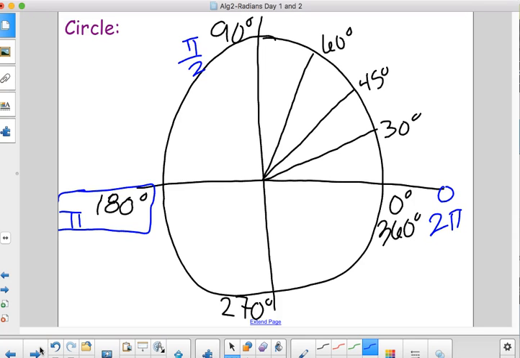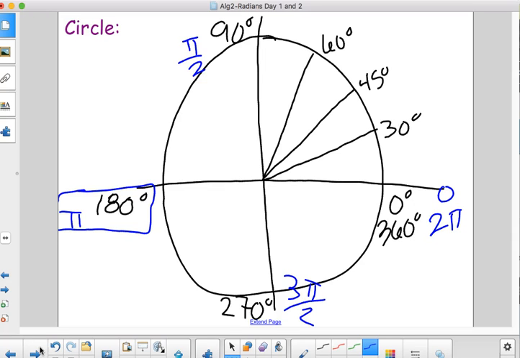What's 180 divided by 2? 90. So we're literally just dividing it by 2. So 270, how many 90s go into 270? 3. So it's 3 of our pi over 2. Because pi over 2 is 90, we take 3 of them to get to the bottom.